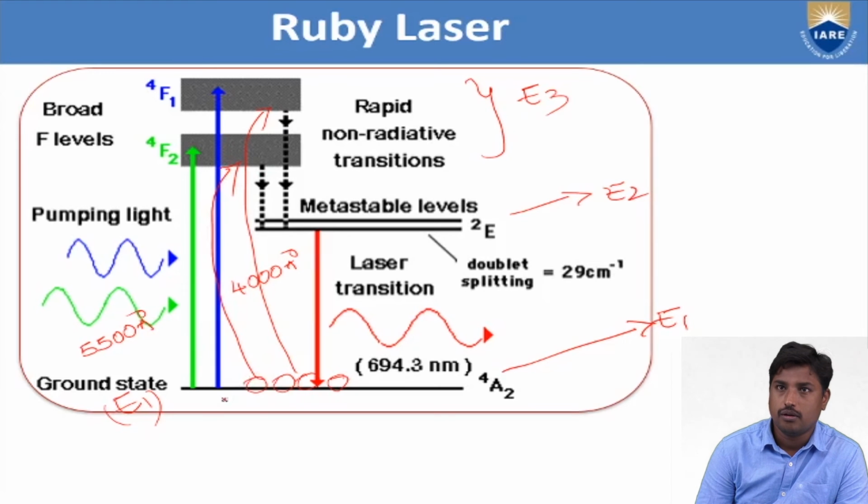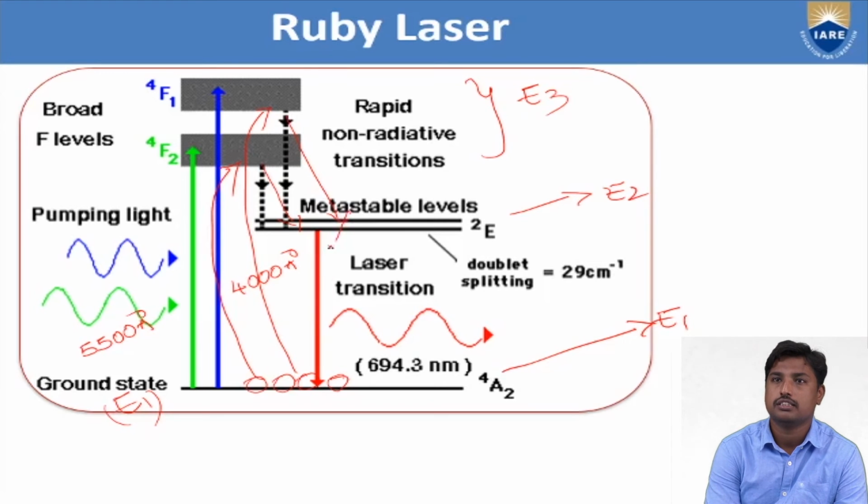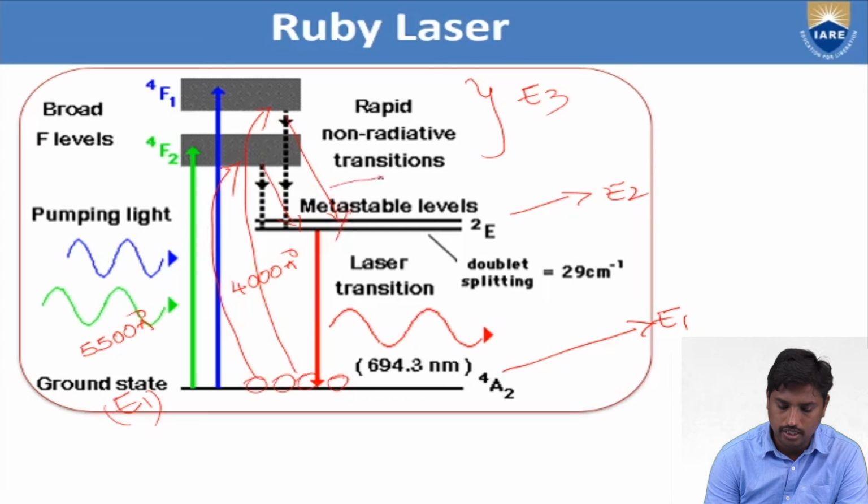After that, by interacting with the aluminum particles, some of the energy is lost by the chromium particles. When the ions lose some energy, they de-excite to the metastable state, or E2 state. In this de-excitation, no energy is released.